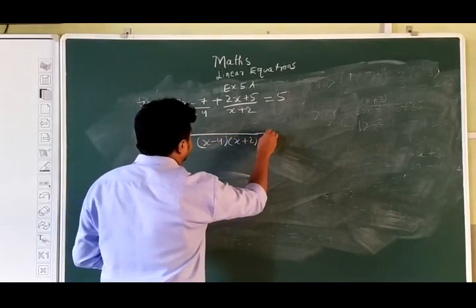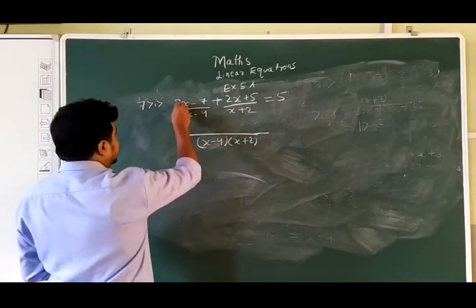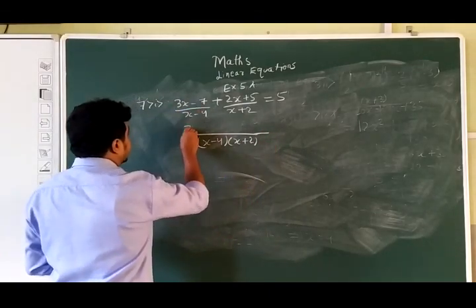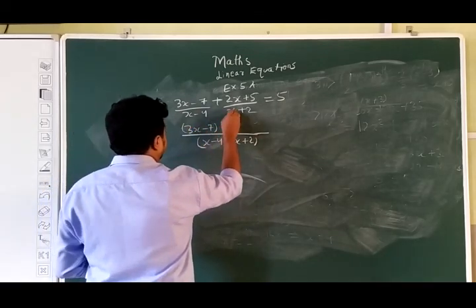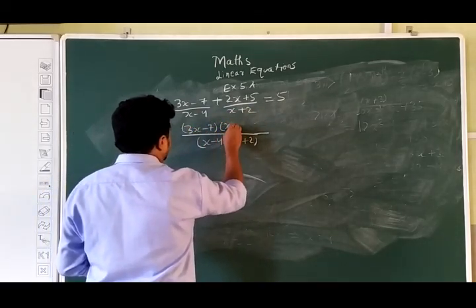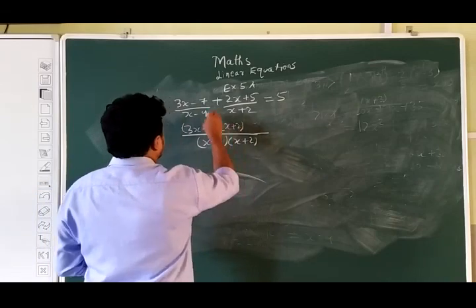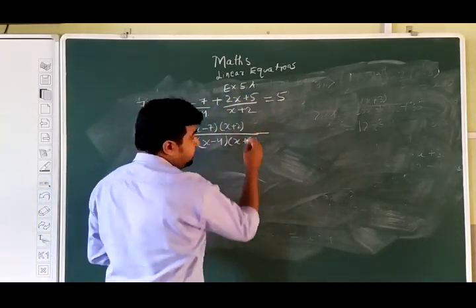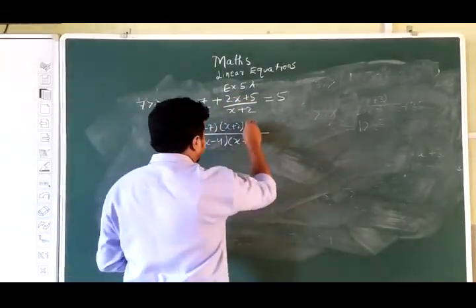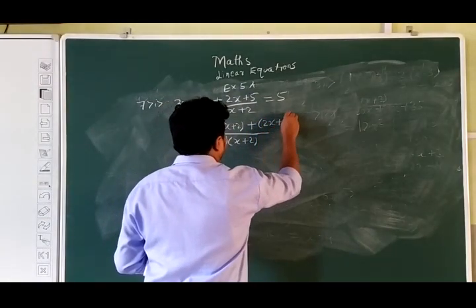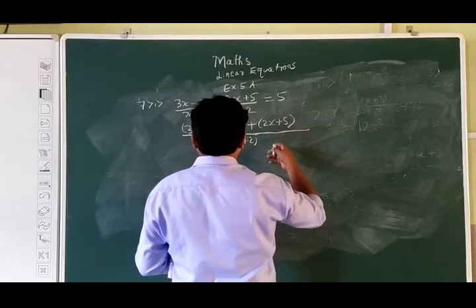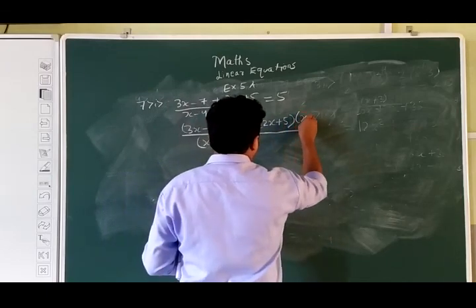And from here 3x minus 7 will be multiplied with x plus 2, and this x minus 4 will be multiplied with 2x plus 1.